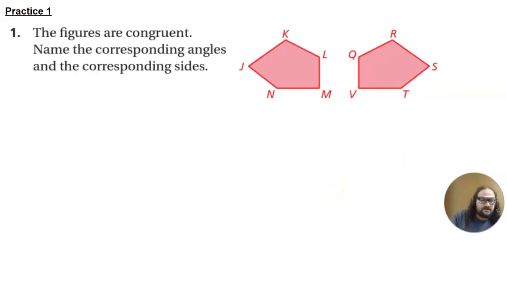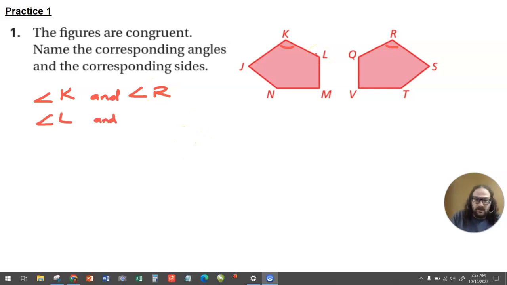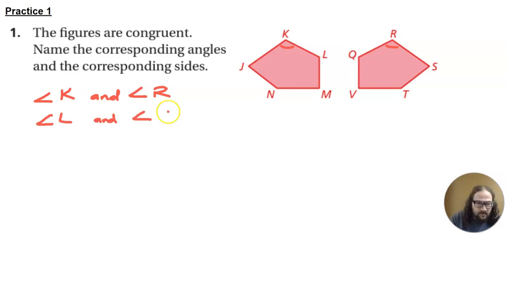Okay, so these figures are congruent, and we're going to name the corresponding angles and the corresponding sides. Angle K corresponds to angle R. So angle K and angle R are corresponding angles. Angle L corresponds to angle Q. And you'll see these two images, they're not oriented the same way.